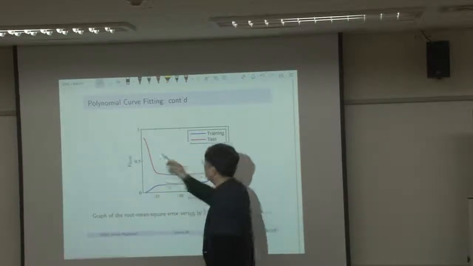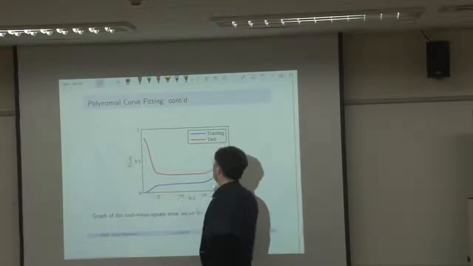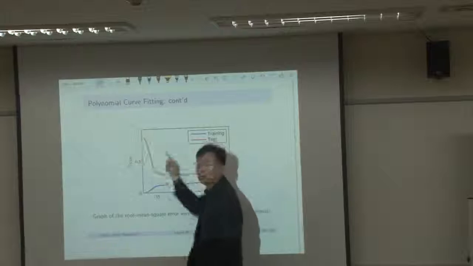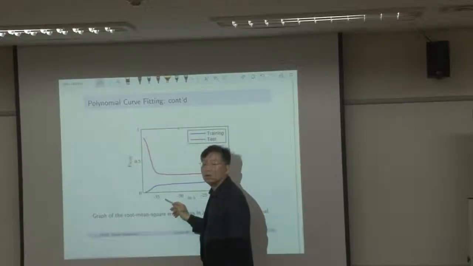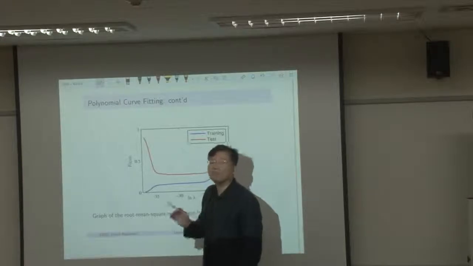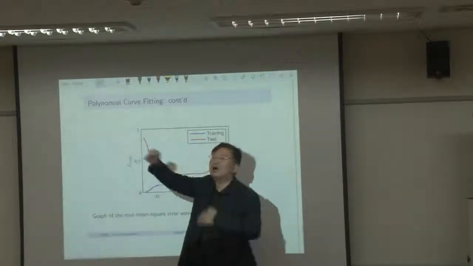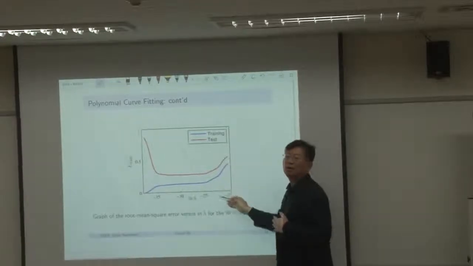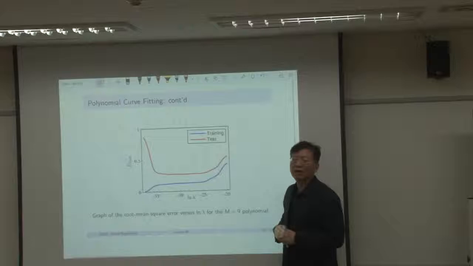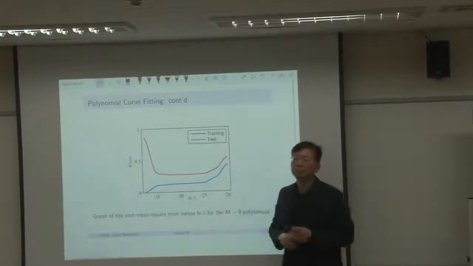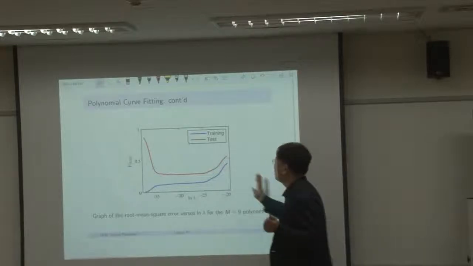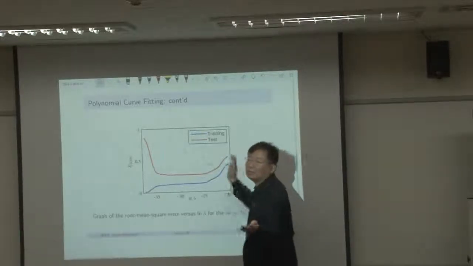This is training, this is test, training and test error. We call this overfitting. What is overfitting? The training and testing errors have a big difference. What about here? Underfitting, right? And high bias. Understand all these terminologies: that is underfitting, and then you have high bias.